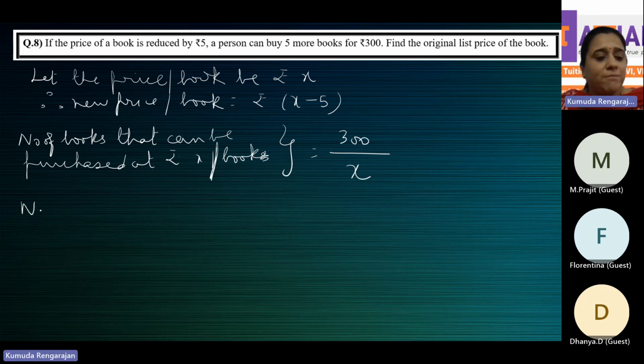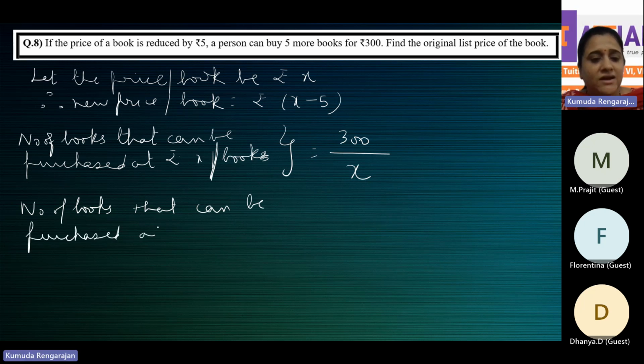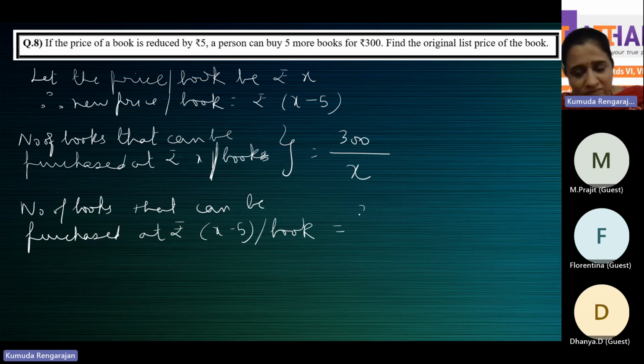Again, number of books that can be purchased at rupees X minus 5 per book is equal to, you have the same 300 rupees divided by the price per book, X minus 5. So many books you can buy.